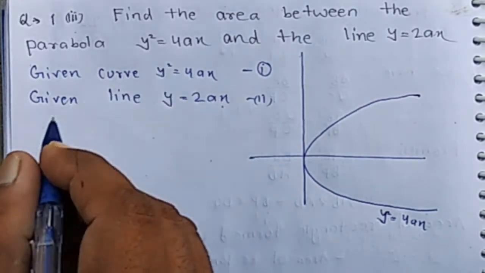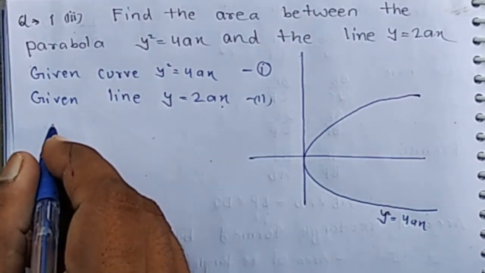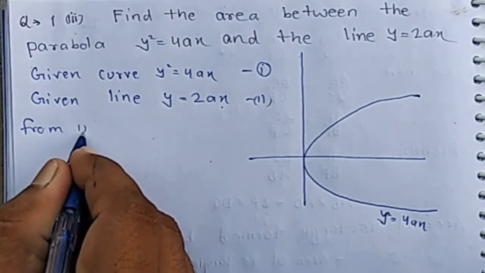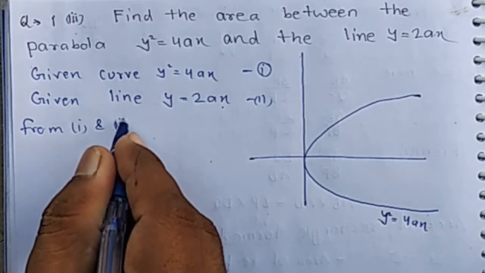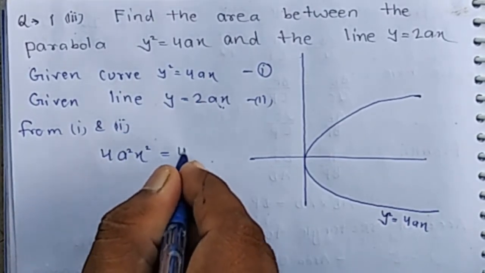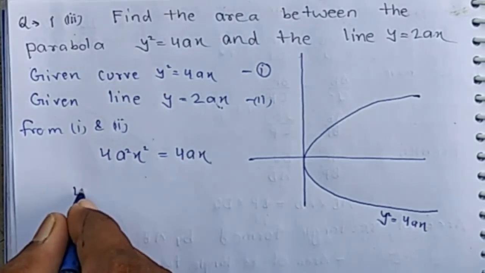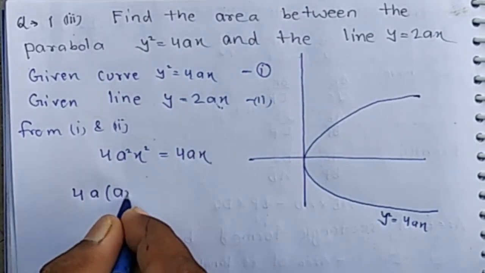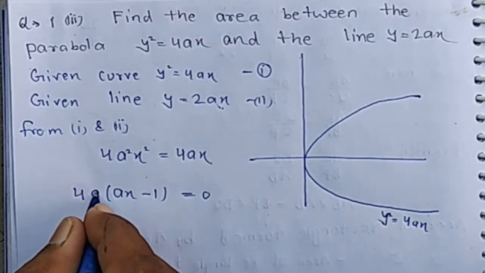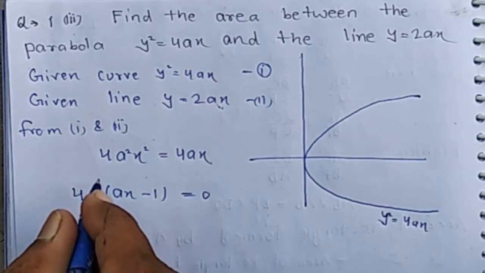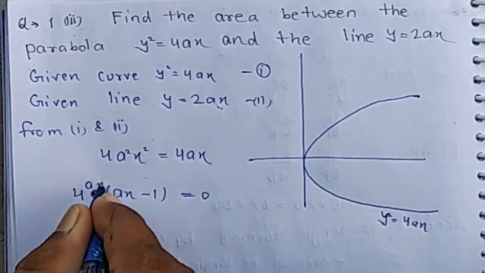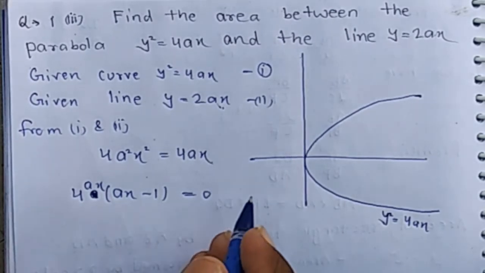Put the value of y from the second equation into the first. We have 4a square x square equal 4ax. Then it is 4ax(ax minus 1) equal 0.